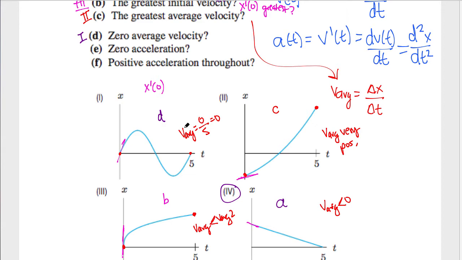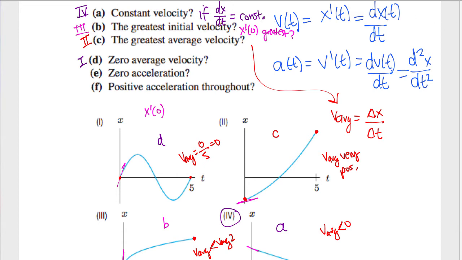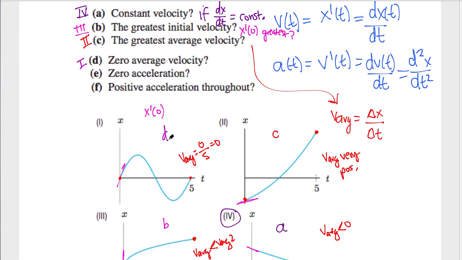Now, which has 0 acceleration? For 0 acceleration to be true, actually let's go ahead and use a different color for this. For 0 acceleration to be true, that would mean that we have a second derivative that is 0.